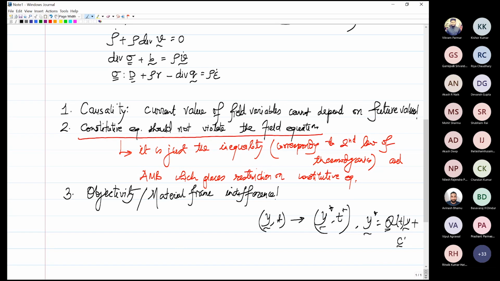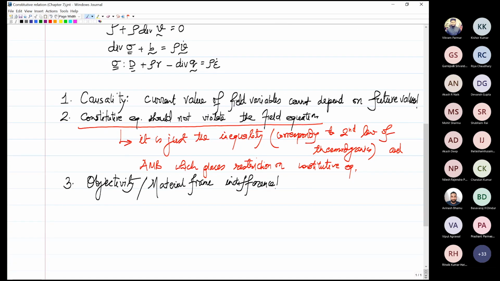Whatever is the equation, the terms present in the equation must transform as per the equations that we had listed.